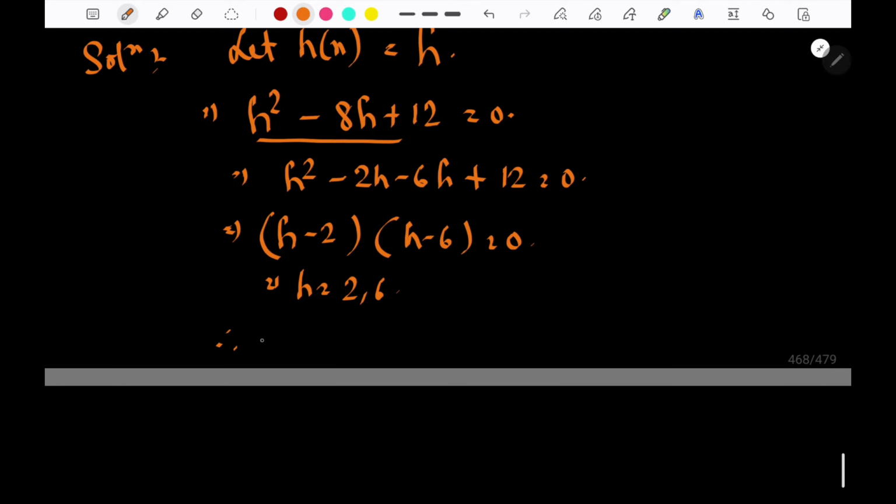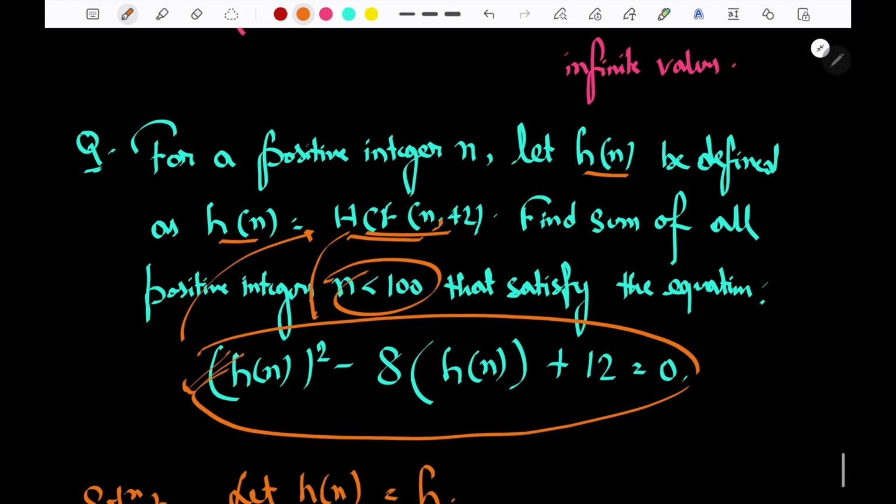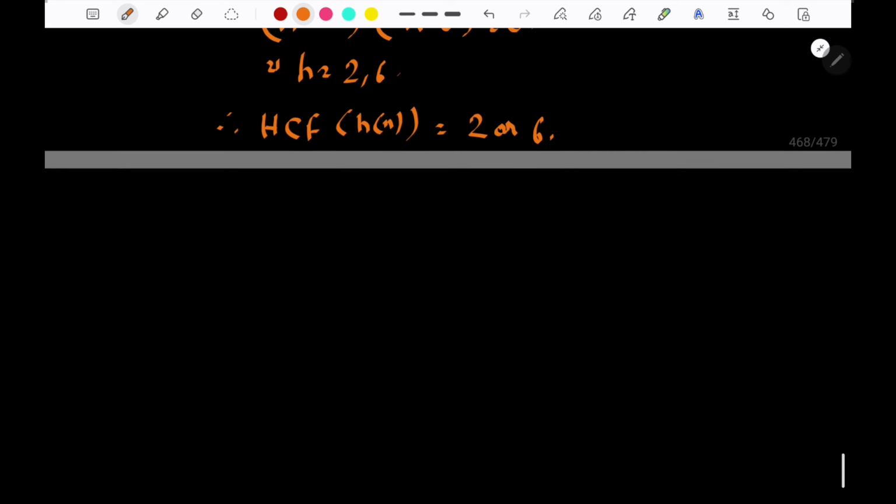It means therefore the HCF h of n shall be equal to 2 or 6. But what they are saying again, now this is HCF, but n shall be less than 100. Now what do we need?